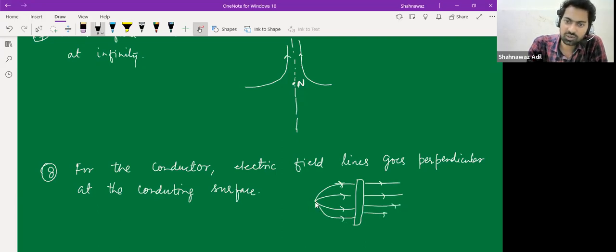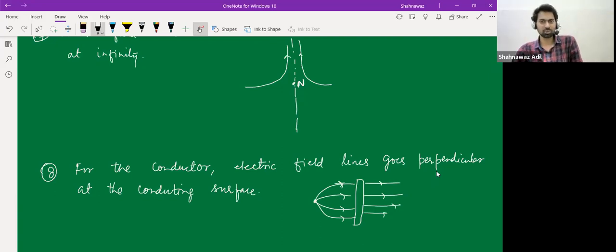Okay, guys, understood? Yes. Yeah, so this was all about the properties of the electric field lines. So you see how brilliant this concept is, that we were able to tell about all the nature of the electric field through all these properties of the electric field lines, right?